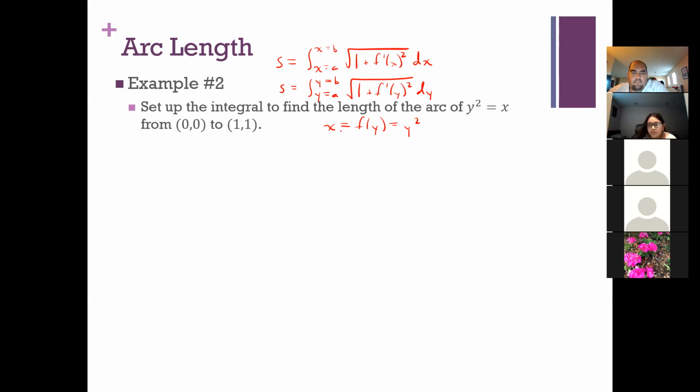Find the derivative of that. Okay, good. f of y. So f prime of y is equal to 2y. We know that we'll have to square that. All right, and now what?